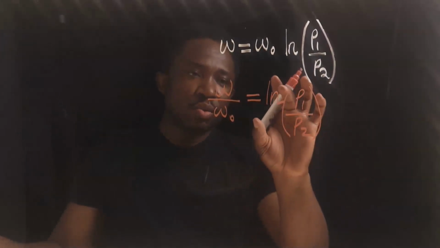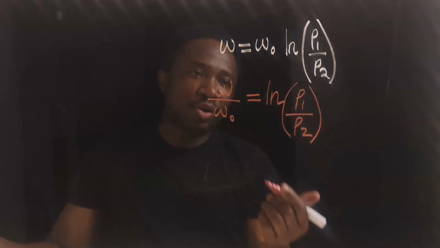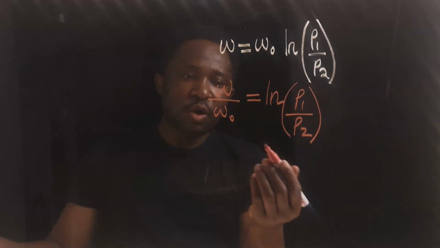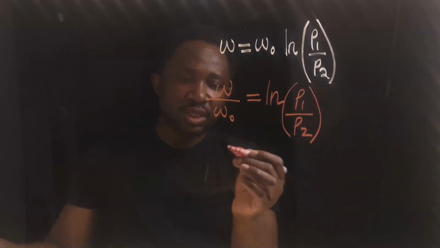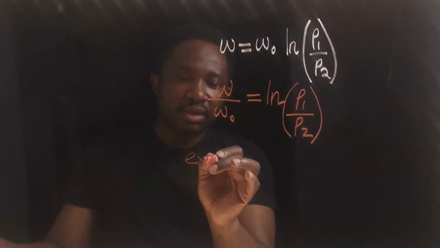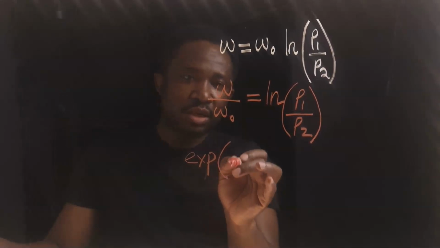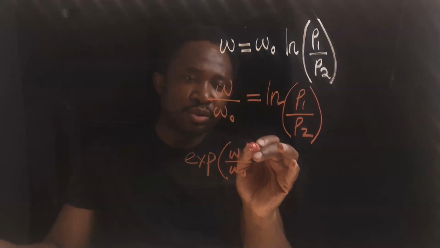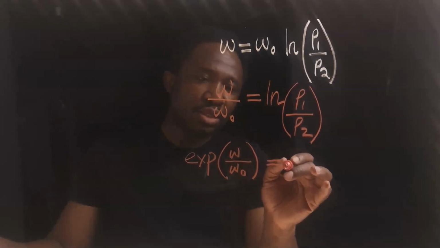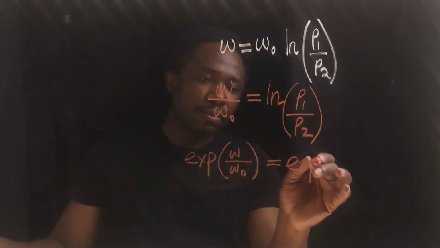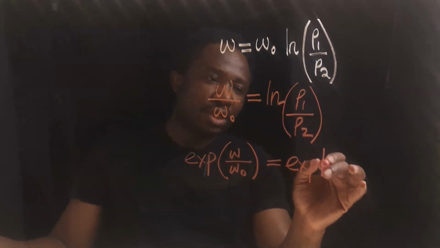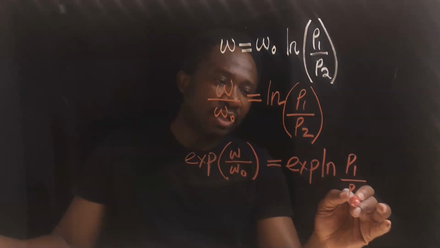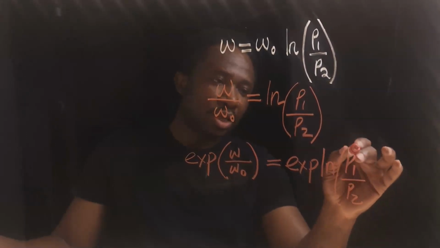Next, we want to get rid of this natural log, and we're going to take the exponentials of both sides. Hence, we're going to have that the exponential of w divide w naught is exponential of the natural log of P1 divide P2 in bracket.